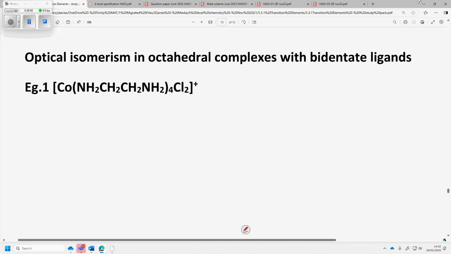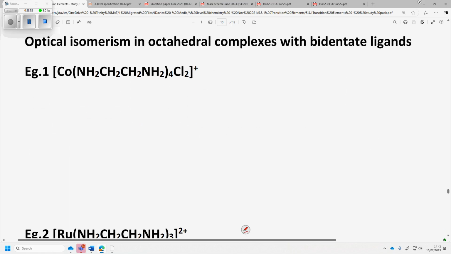Optical isomerism in octahedral complexes with bidentate ligands. So this is the same transition metal complex that we've just drawn. And what we need to understand is, if I go back to my cis form, it has to be the cis form. Get that cis form drawn.